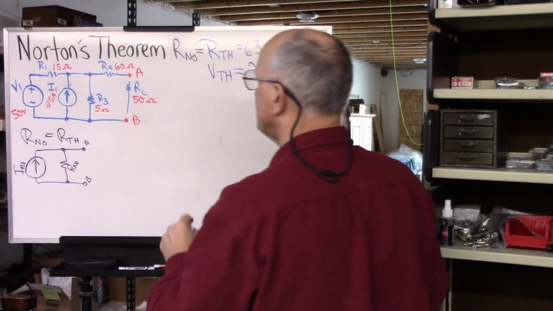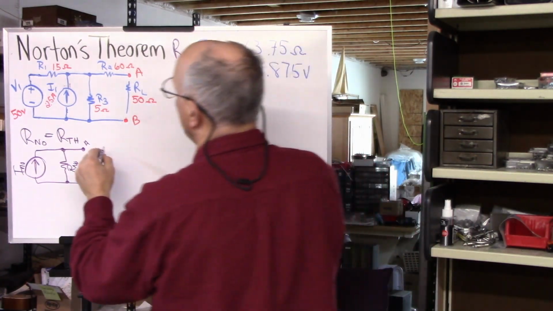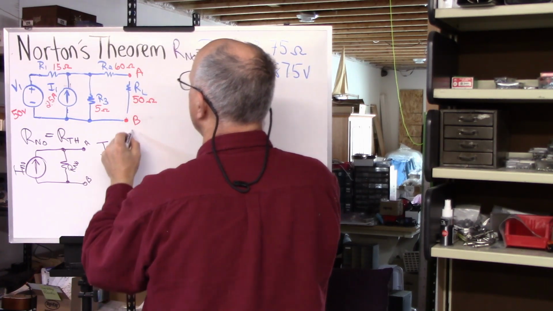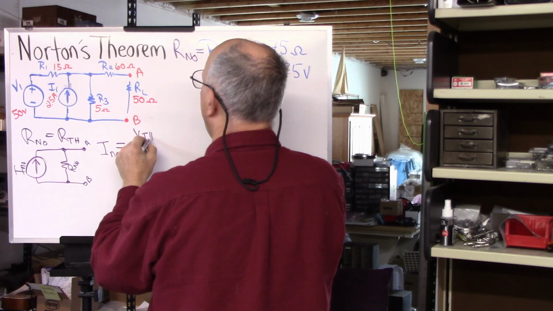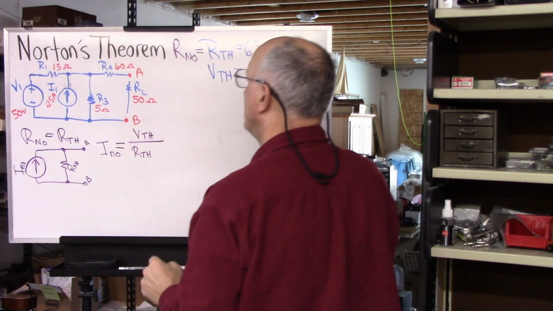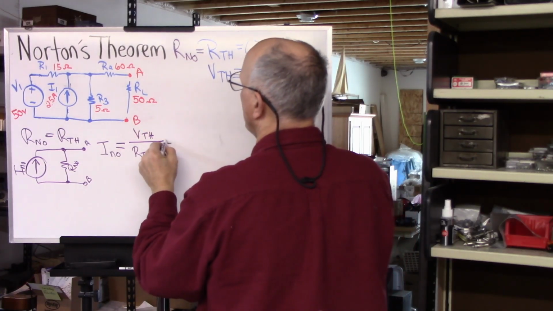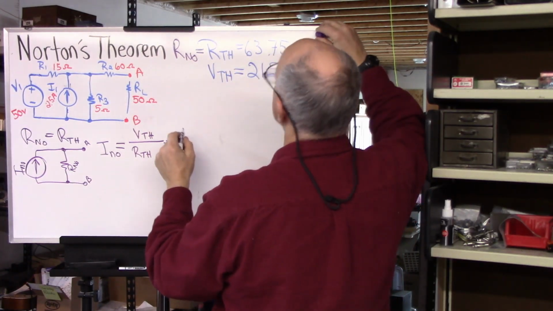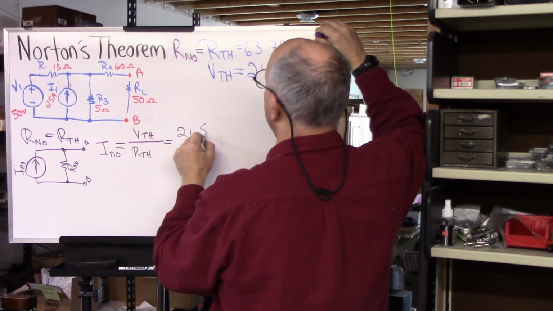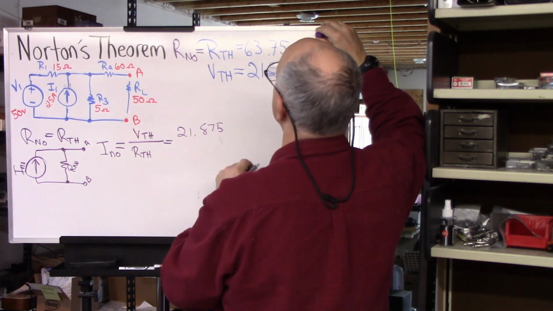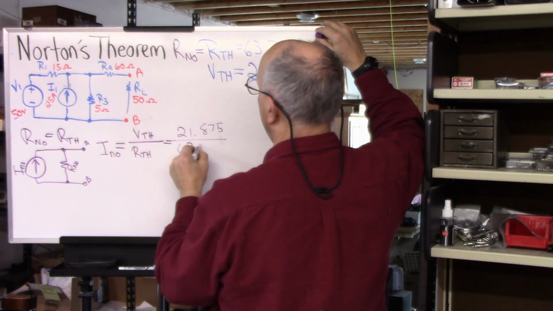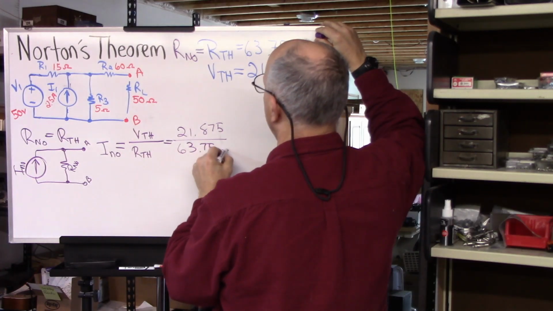Well, I Norton is equal to V Thevenin divided by R Thevenin. So this is 21.875 volts divided by 63.75 ohms.